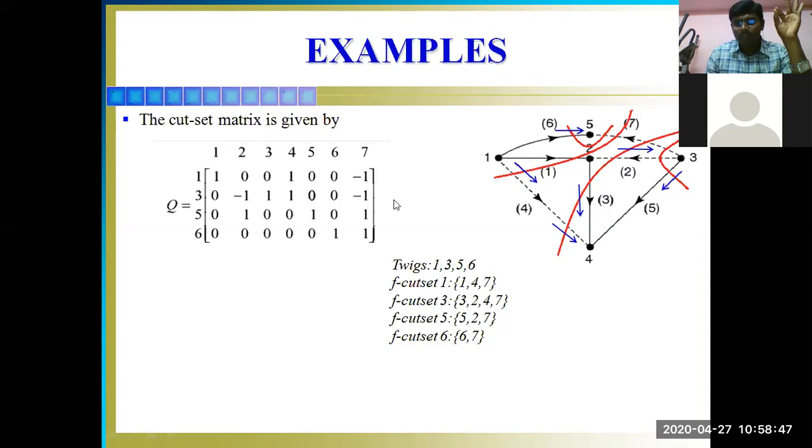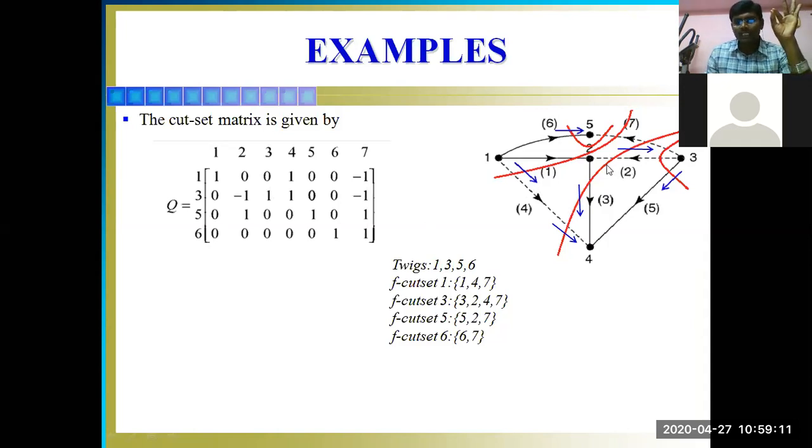Now come to the third twig. Where is the third? Third is here. Here we are removing 4, 3, 2, 7. Here it is driving current into 4. So for third, it is plus 1. And fourth also driving current into 1, so therefore plus 1.